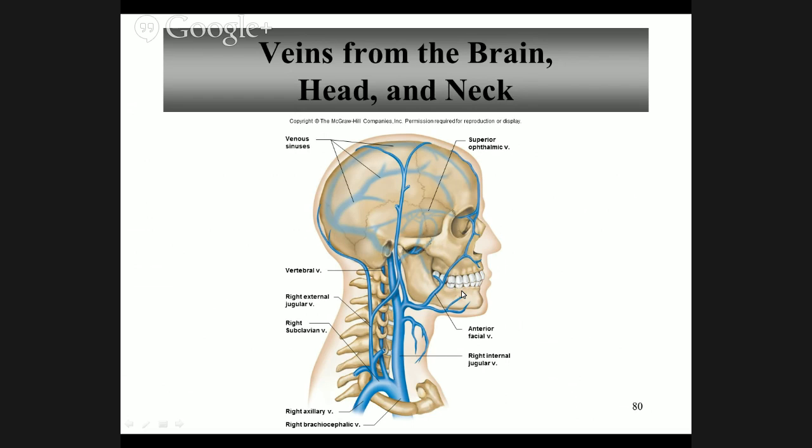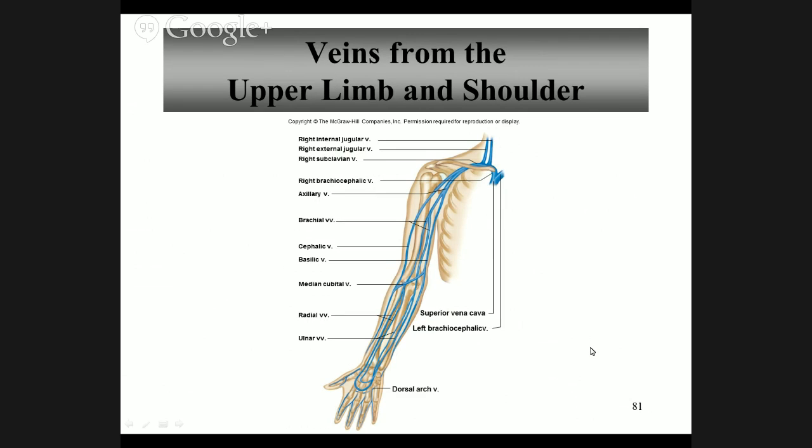And these are the veins from the brain, head, and neck. You can see the internal jugular, which everybody's probably heard of. There's also an external jugular. And the veins from the upper limb and shoulder.